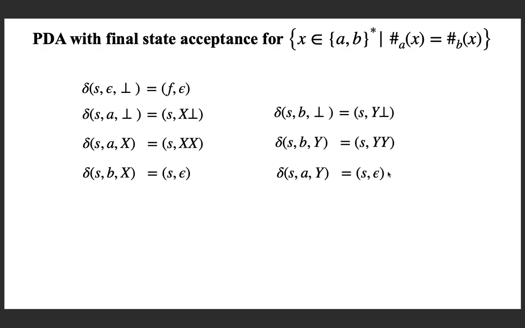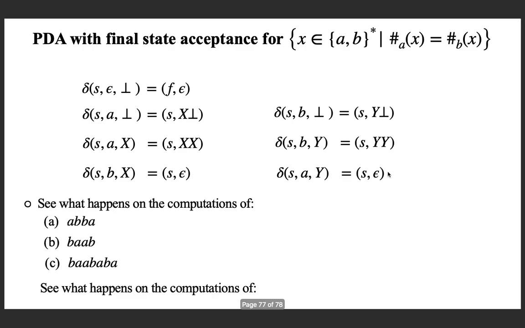Just 7 transitions, and you can verify that this is a correct design, and see what happens in the computations on these strings. Okay, you verify that in every case, if the string is in the language, it is accepted, otherwise it is not accepted. And you can also try with some strings not in the language.